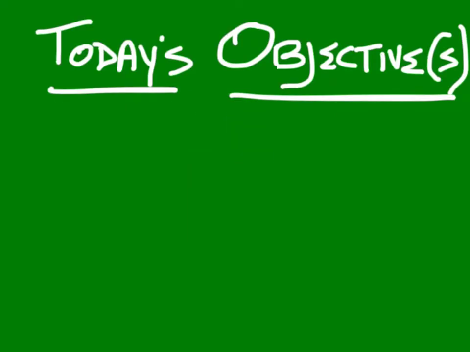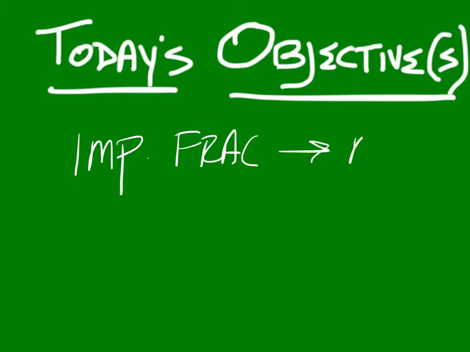Today's objectives will be converting improper fractions to mixed numbers. If I have 11 over 3, what do I need to do first?